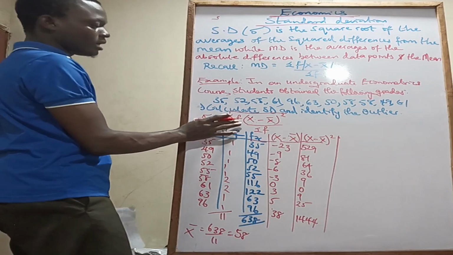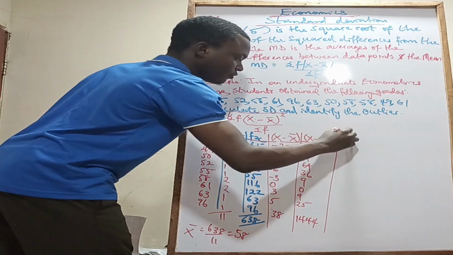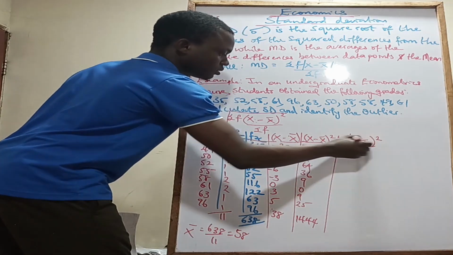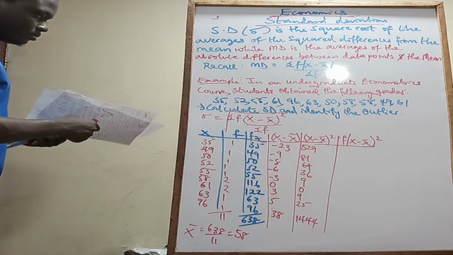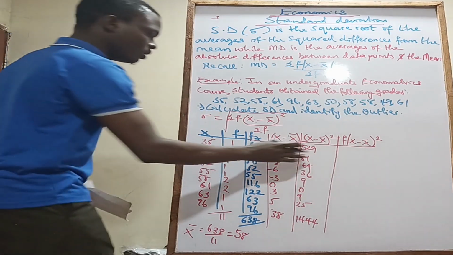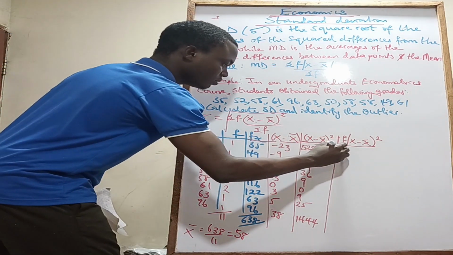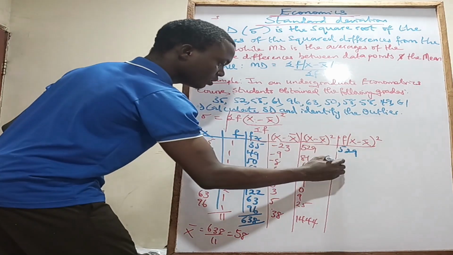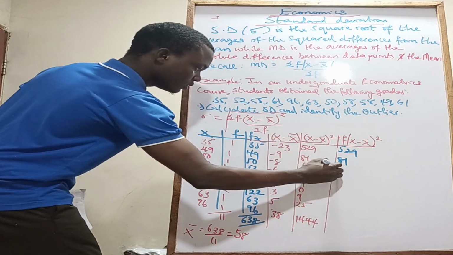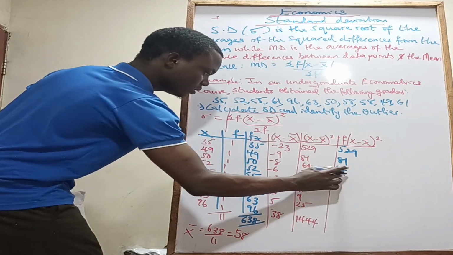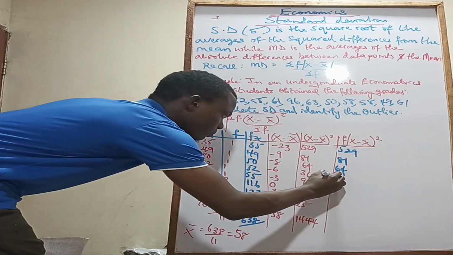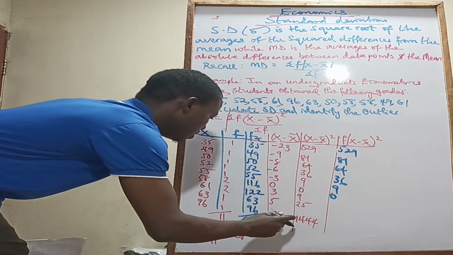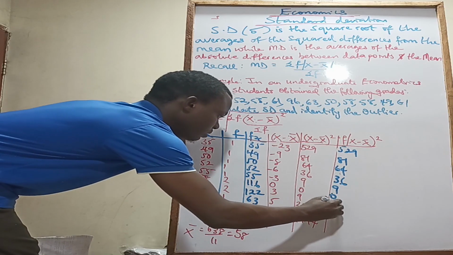Is that all? No. Then we need to get our f times X minus bar X squared. When we begin to multiply, it gives almost the same thing. 529 times 1 is 529. 81 times 1 is 81. 64 times 1 is 64. 36. 9. 0 times 2 is 0. 9 times 2 is 18.